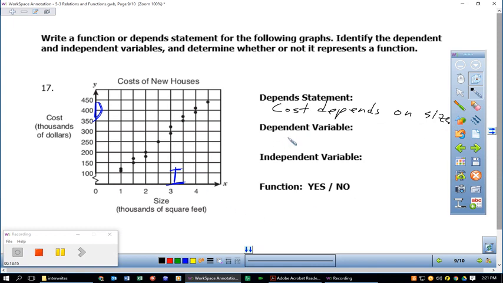The dependent is the cost, and the independent is the size. Now the only last question we have here is the function. Is it a function? Can we cross this more than once? Actually, yes. Right here is a good instance, at 3. So it is not, because 3 has more than one y value.